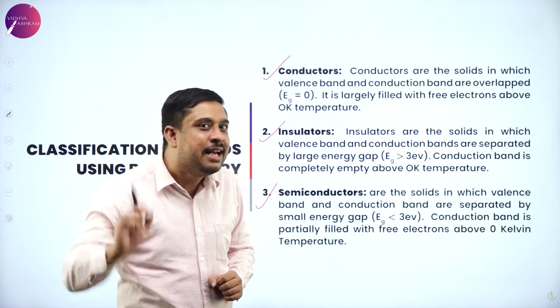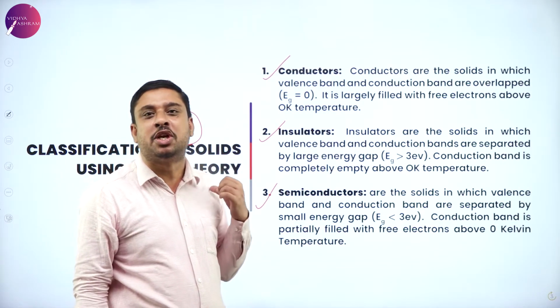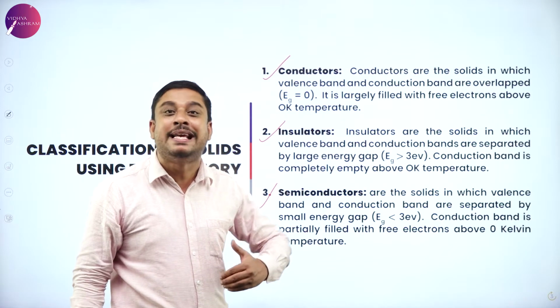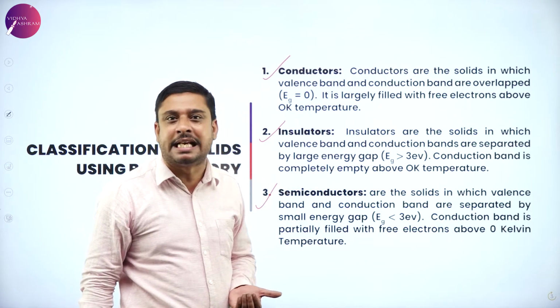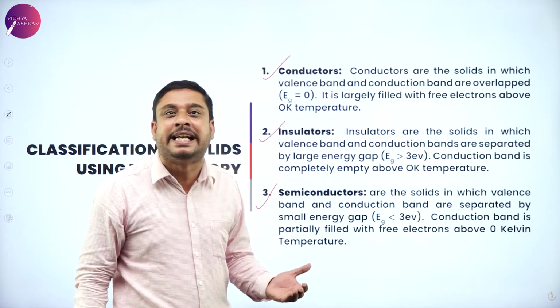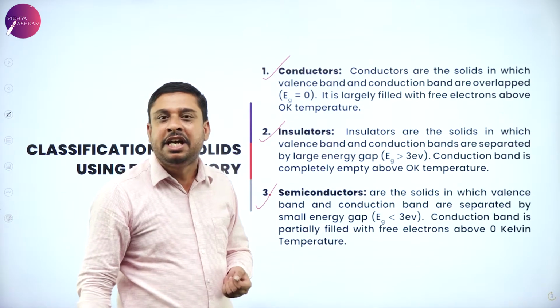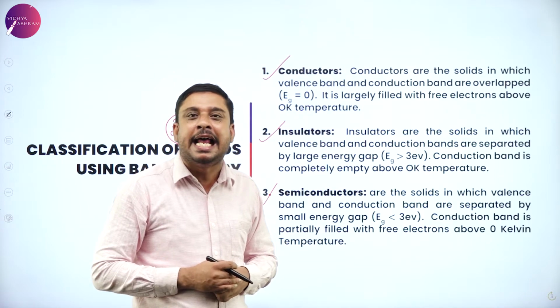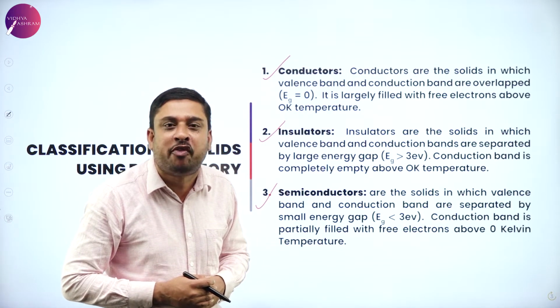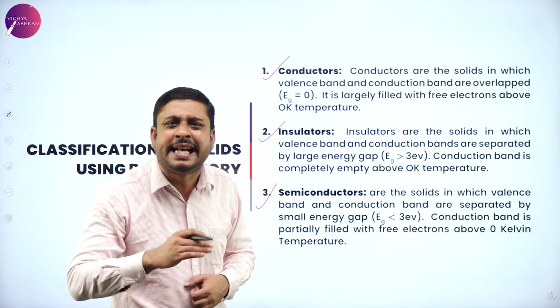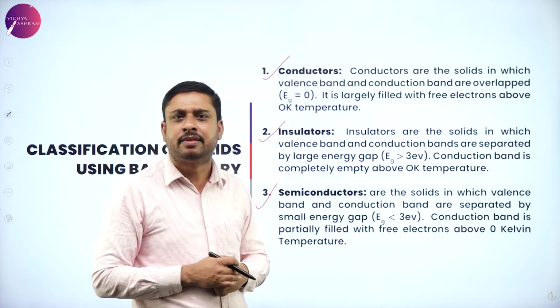But there, classification was made on their conducting properties, resistivity, resistance properties. If a material allows charges to flow through it, it is a conductor.